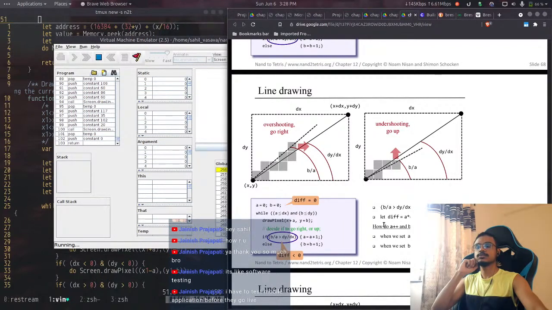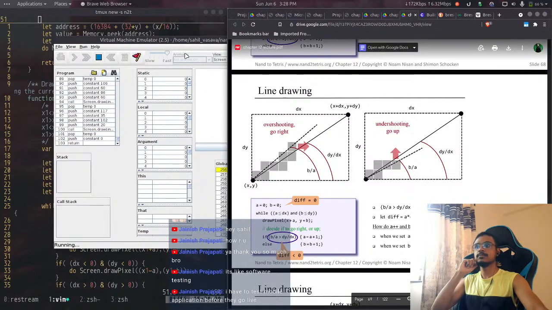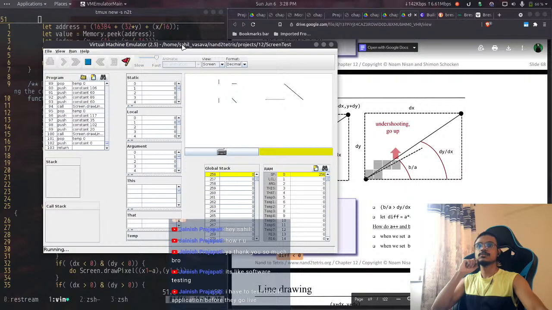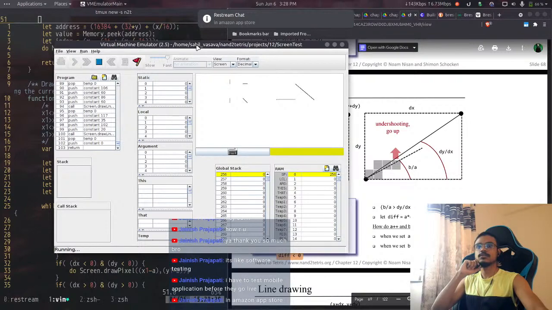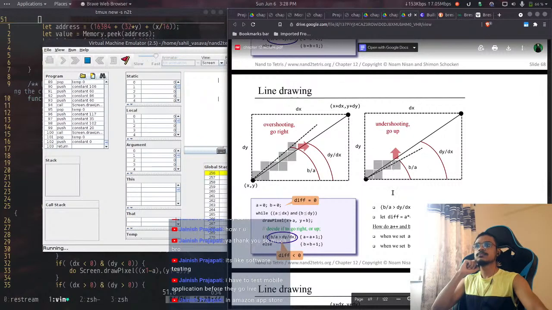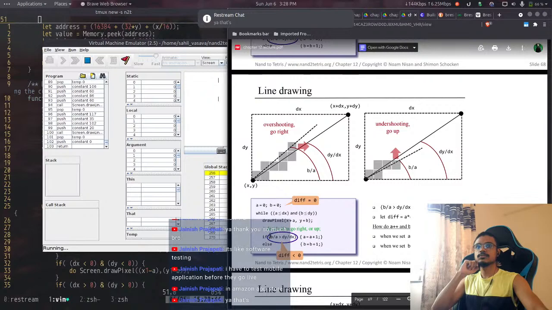Oh, nice. Mobile application testing. So is that like quality assurance or something? Amazon App Store. Yeah. Great, great. I mean, testing of the mobile application which are quality assurance, yeah.